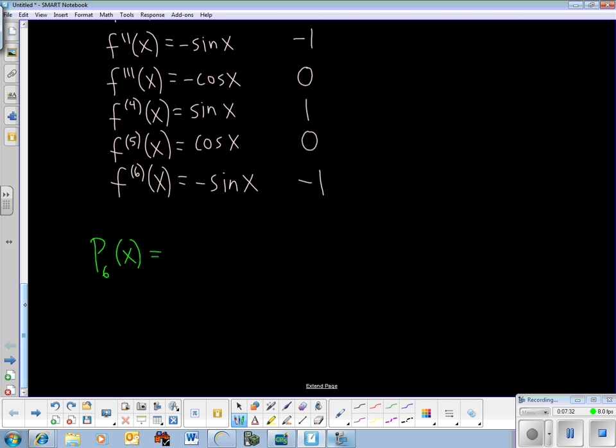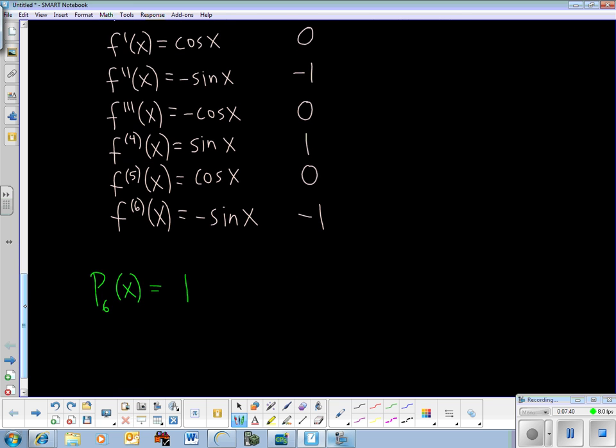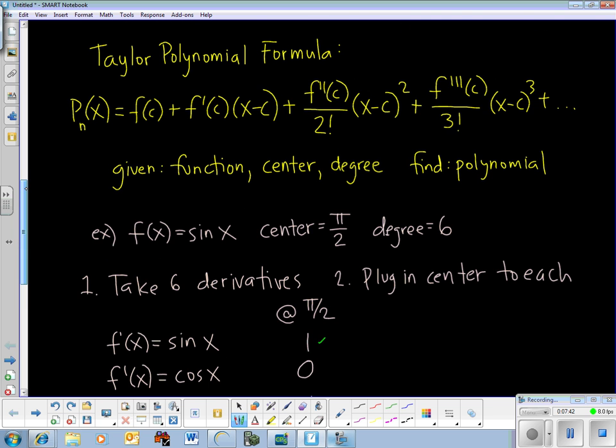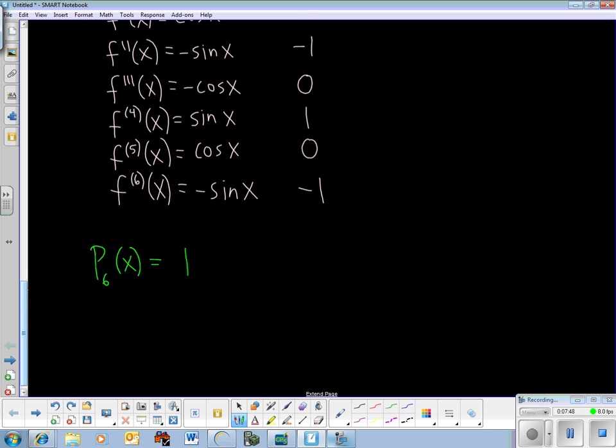So that 1 is always my starting value. All right, that 1 right there. Now I'm going to include the 0 terms. I'll just show you how they get wiped out in just a minute. My next term, according to the formula, is the first derivative times x minus c to the first power. So my first derivative is 0, x minus pi over 2 to the first.